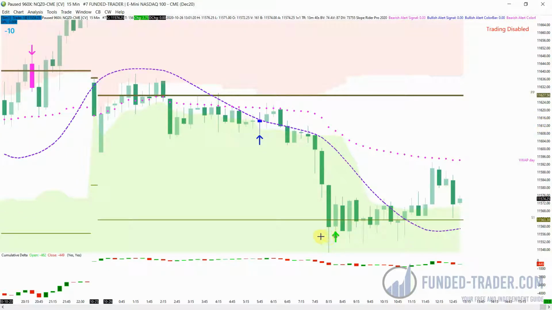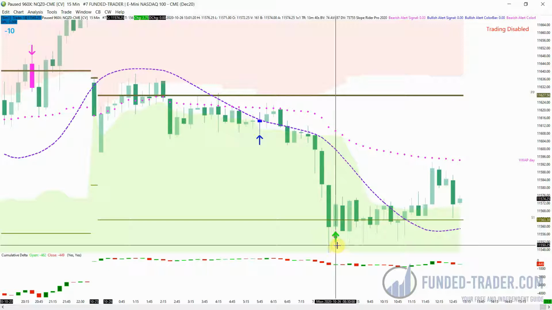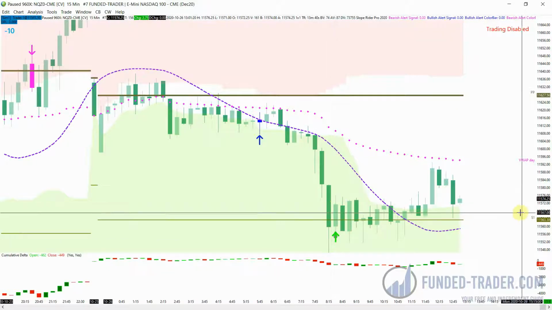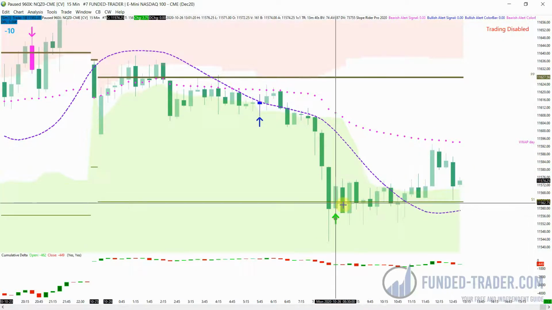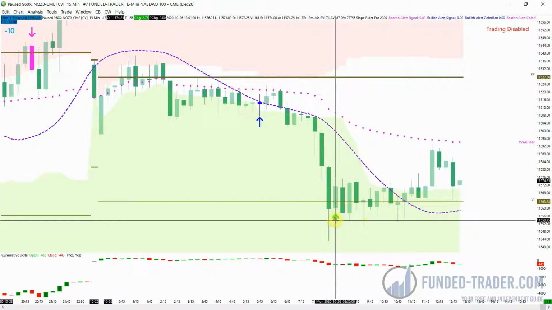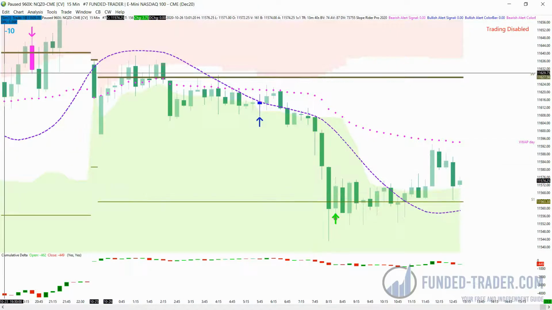Okay, there was a signal down here just 1 hour before. So I would say this is a good signal, and it's validated here at this point.